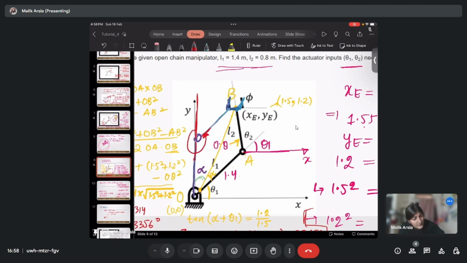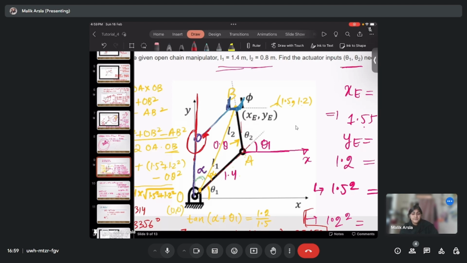See here also this was link 1 and this was link 2, so the angle between link 1 and link 2 is measured as theta 2 and not with respect to horizontal. Similarly here also this is link 1 and this is link 2, so this angle will be measured in the second configuration. So what is this angle equal to now?